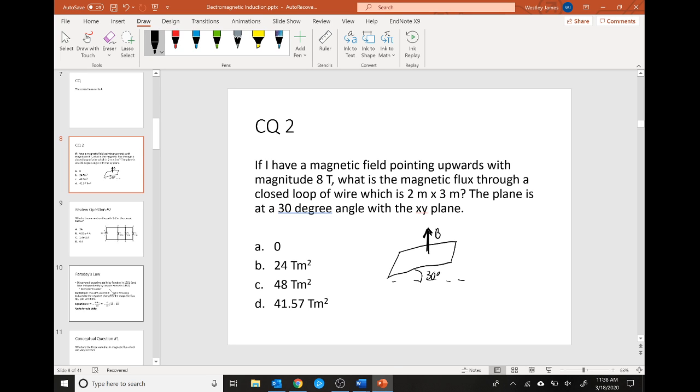The hint I'll give you all is to remember when doing flux, I'll even write all this here: magnetic flux equals B times A times cosine of theta. This is the angle between the magnetic field and the area vector. Area vector is A. So when solving this problem, make certain you do that.